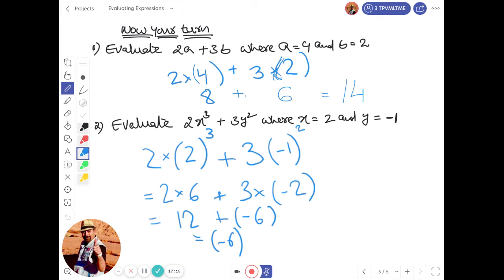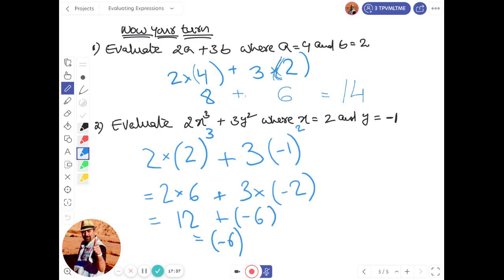Actually, this is how you may do it. Especially the first question, I'm pretty sure that there are no chances of making a mistake there. 2 times the value of A is brought and plugged in here.